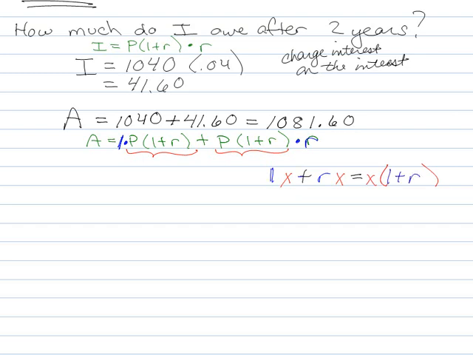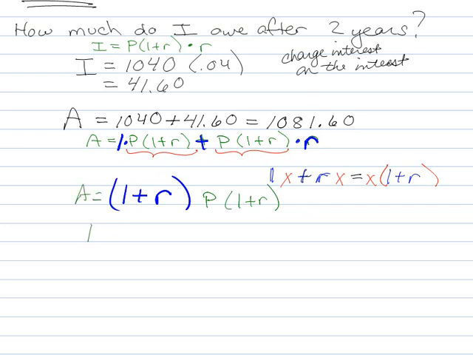If I have 1x plus rx, I have 1 plus r x's. So by the same logic, if I have 1 of these thingies plus r of these thingies, then I can simplify it by saying I have 1 plus r of these thingies. Okay? If I have 1 of those plus r of those, then I have 1 plus r of those.